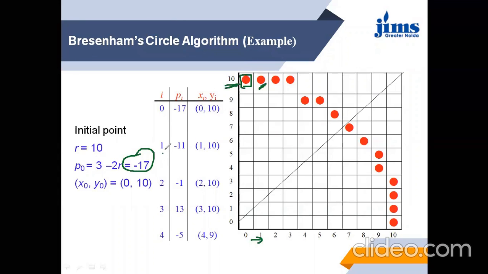This was in the case of 0. Now we will select the next pixel. So here the value is 1.